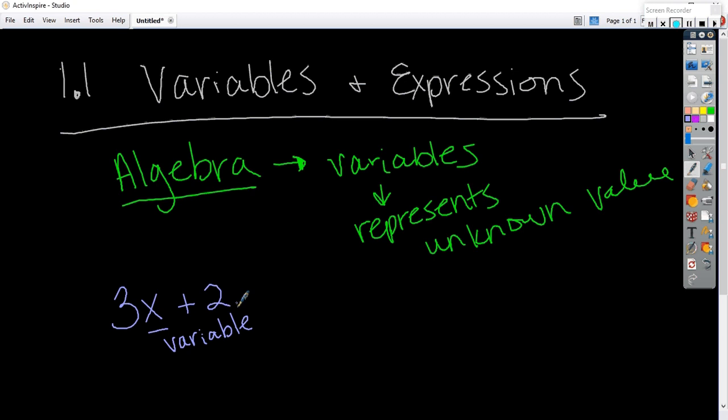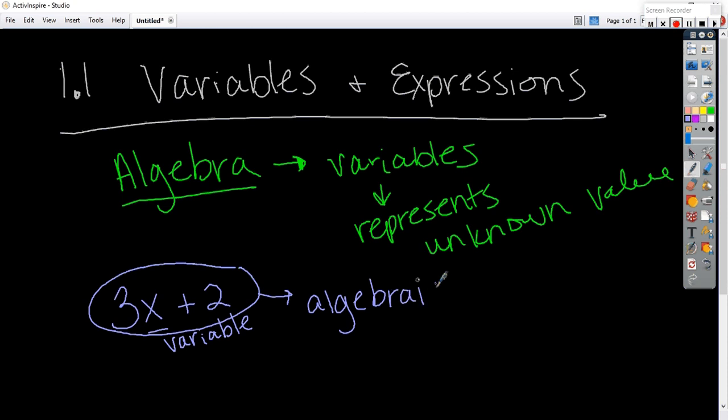Let me say plus 2. When we have this expression that includes variables, we call it, am I going too fast for y'all? Okay. We call it an algebraic expression, and that just means that it is an expression.